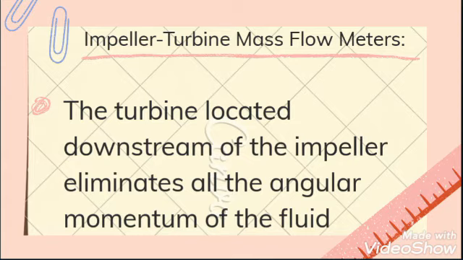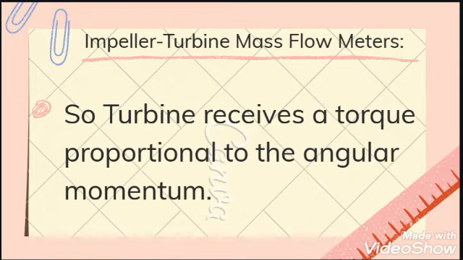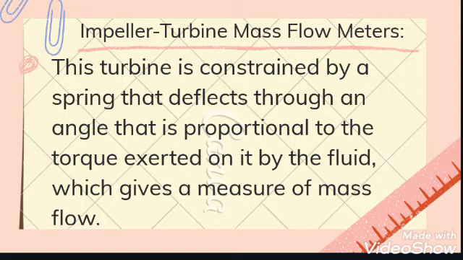The turbine located downstream of the impeller eliminates all the angular momentum of the fluid. So the turbine receives a torque proportional to the angular momentum, because both are connected, the turbine and the impeller.